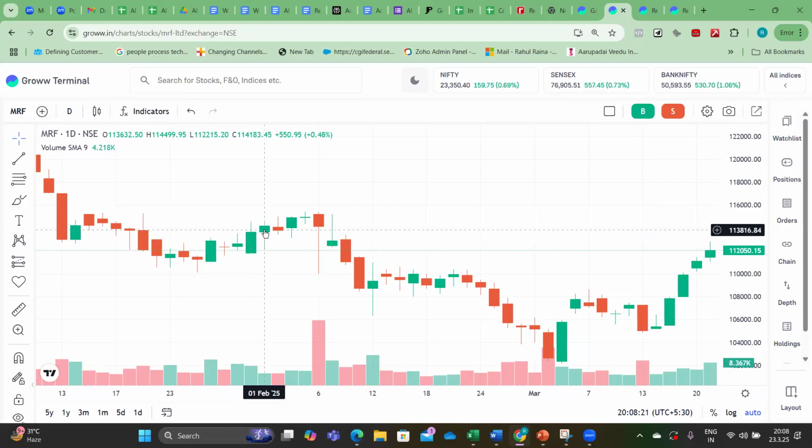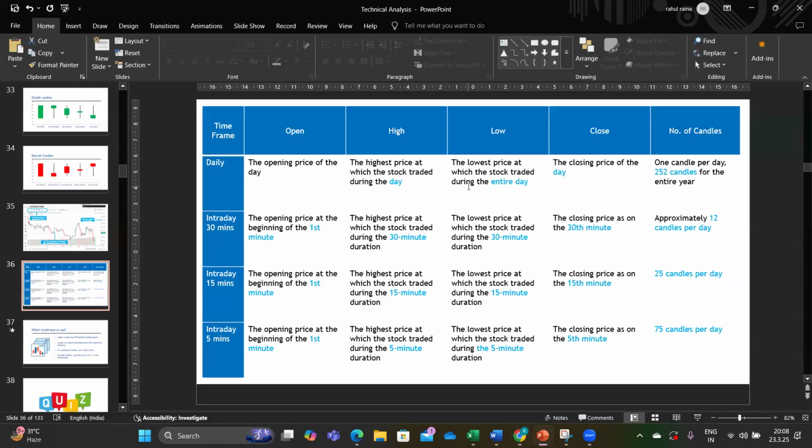If I go here, 1st Feb 25. If I go here, 4th Feb 25, 6th Feb 25, right? So each candle represents one day. Clear? If you have selected daily here, each candle will represent one day.